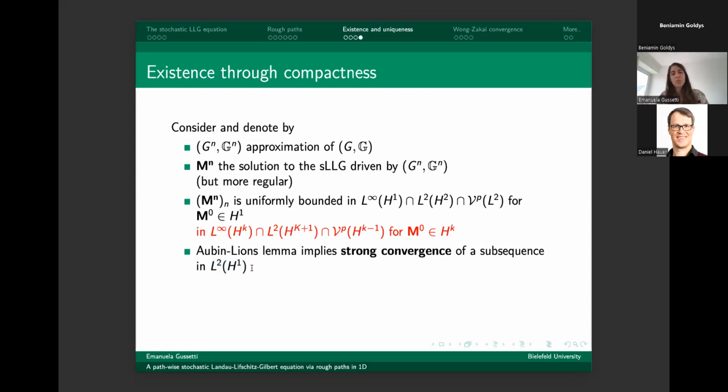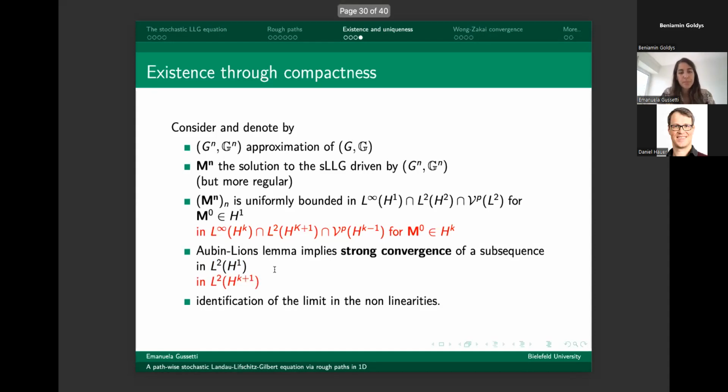Yes, one has also intersection continuity in L2 here. And same here, down here, one will have a continuity in H^(k-1). And then one, okay, classically finishes the proof by identifying the limit in the nonlinearities.